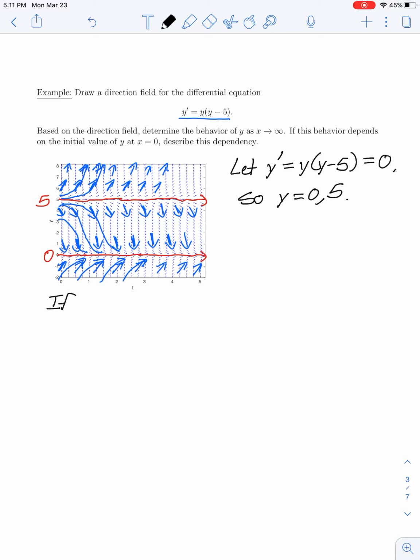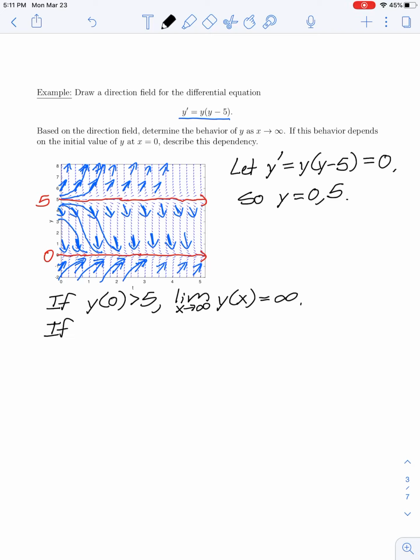In particular, for any value of y when x is 0 which is greater than 5, the limiting value of our solution, y of x, seems to be infinity. It looks like our solutions are going to increase without bound.